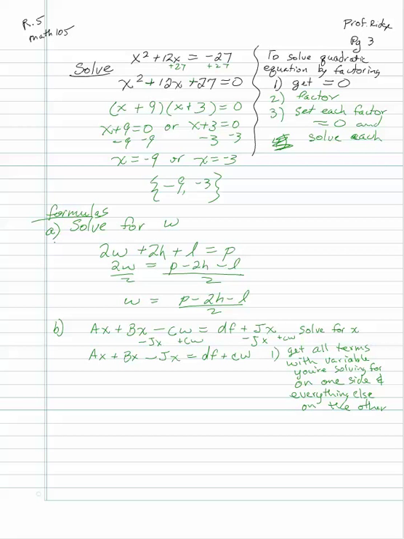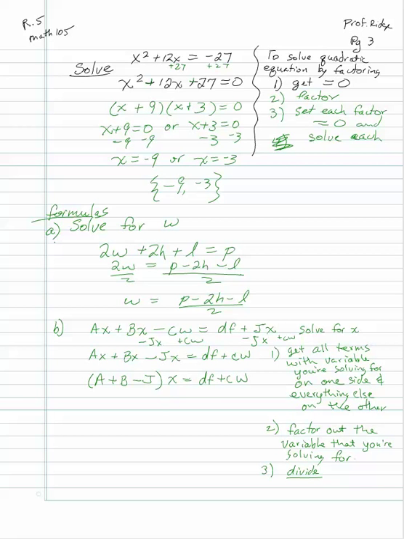Okay, now my next step is you're going to factor out the variable that you're solving for. Okay, so in this case it's the x, so I'm going to factor out the x. And then my next step would be divide to get the variable by itself.